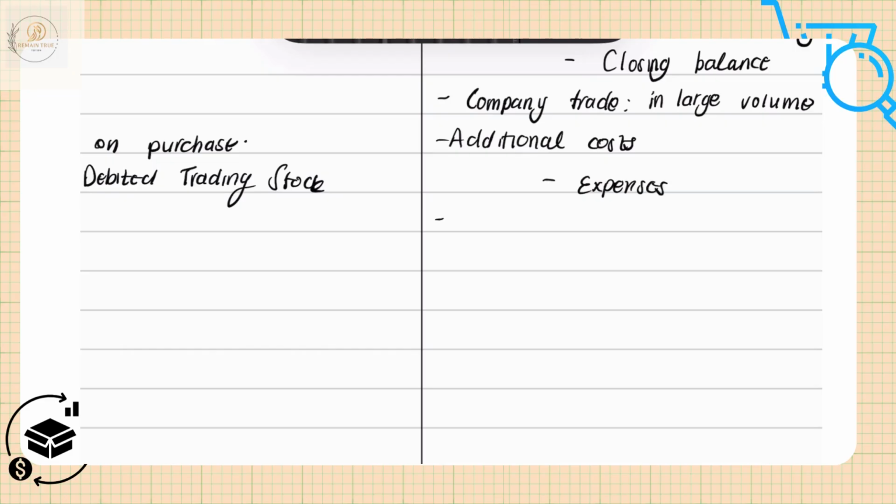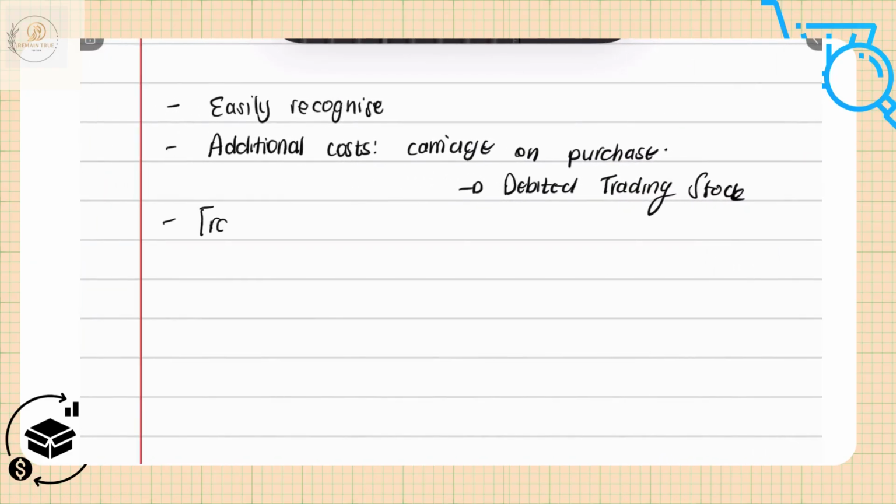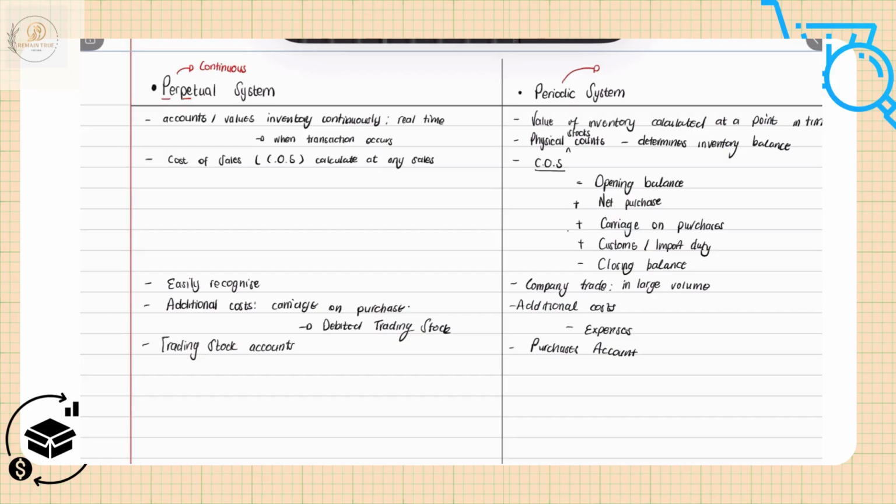Our periodic system uses our purchases account, versus our perpetual system, which uses our trading stock account. So these are our key differences between our periodic and perpetual systems.